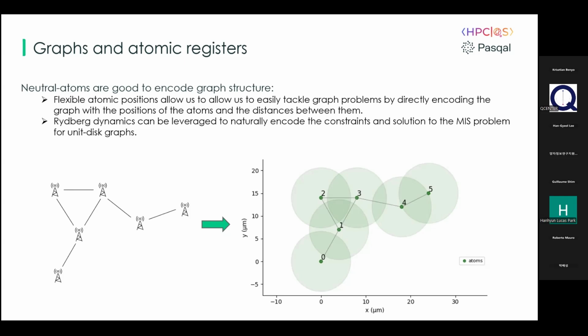So the types of graphs that can arise are what we call unit disk graphs, distance-based graphs in which you need to draw every edge that connects nodes that are physically close together, distance-wise, within a certain threshold.